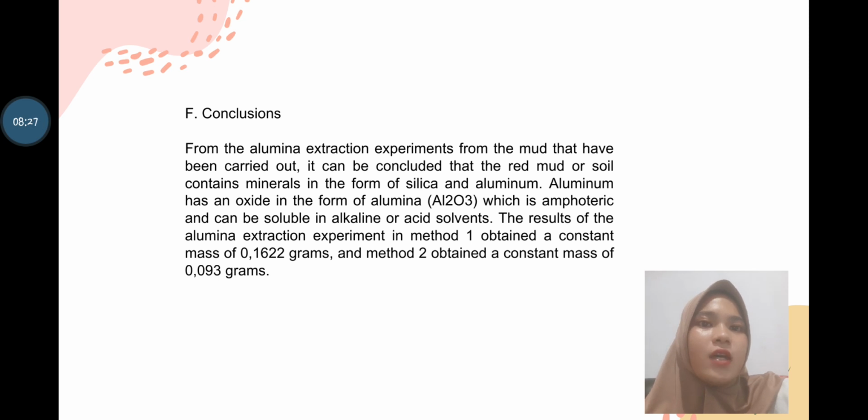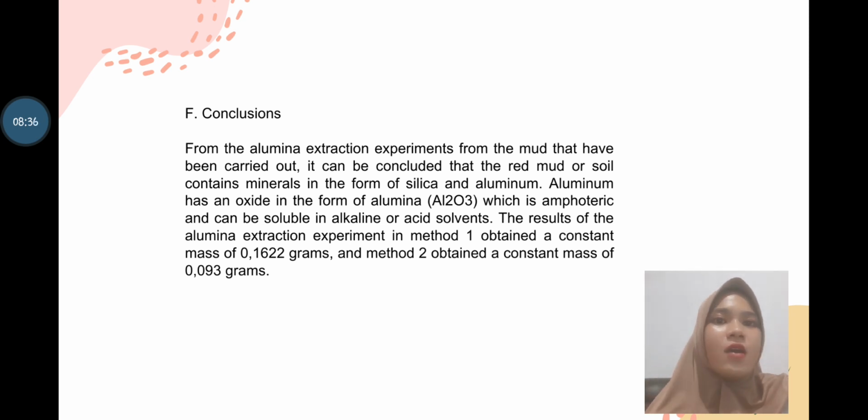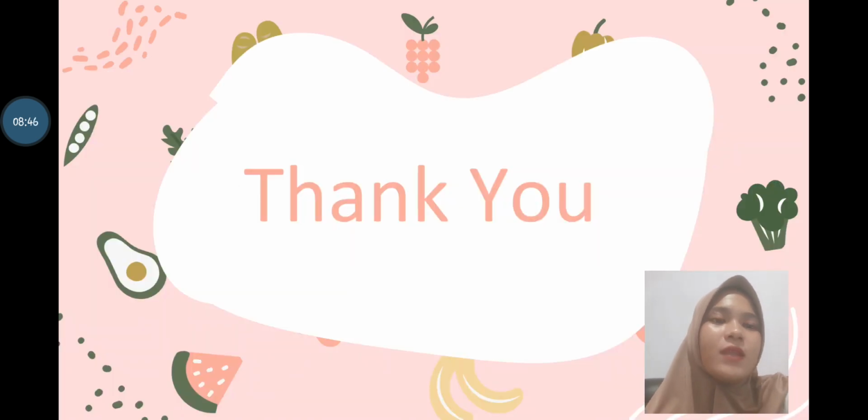The result of the alumina extraction experiment in method 1 obtained a constant mass of 0.1622 grams, and method 2 obtained a constant mass of 0.093 grams. Thank you.